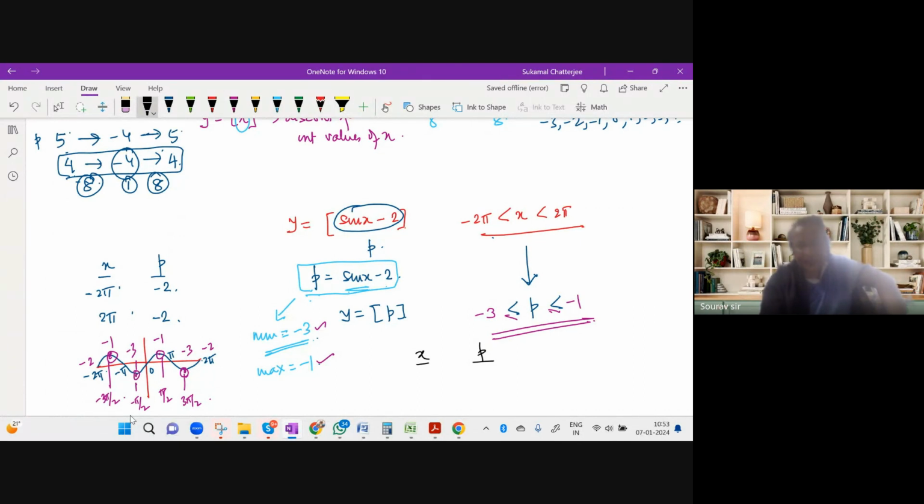x is minus 3 pi by 2. P is minus 1. Then x is minus pi. Sine would be 0 here. So P would be minus 2. Then x is minus pi by 2.